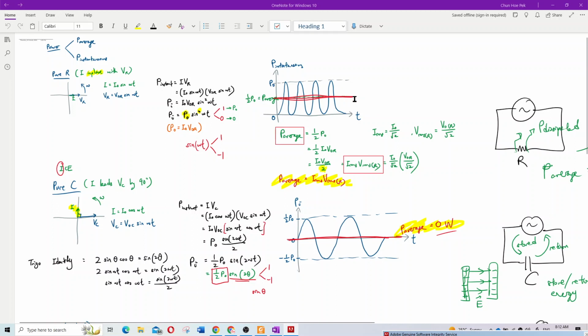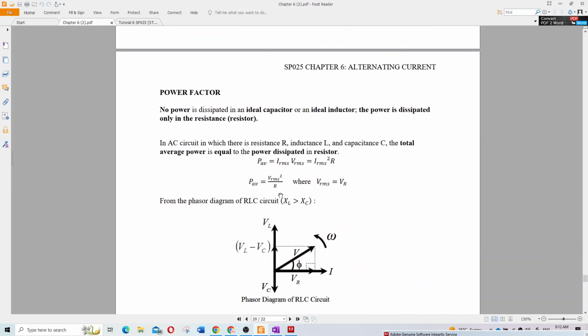So only the resistor has average power, which is IRMS multiplied by VRMS R. Now we're going to learn about power factor. No power is dissipated in capacitor or ideal inductor, but power is dissipated only in the resistor. So in an AC circuit with a resistor, inductor, and capacitor, the total average power is equal to the power dissipated in resistor only.